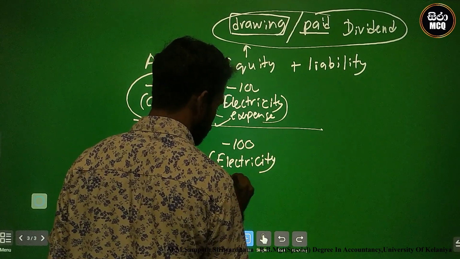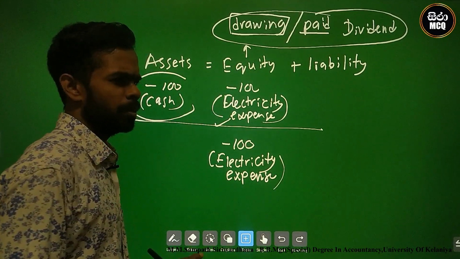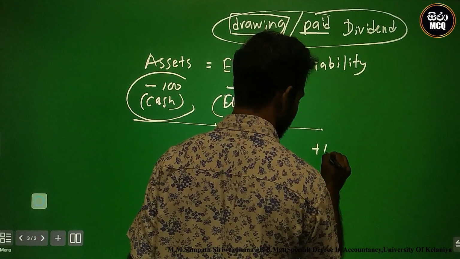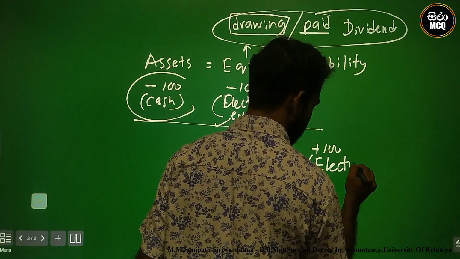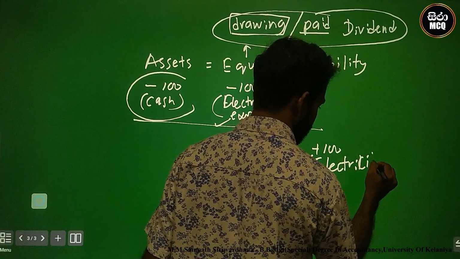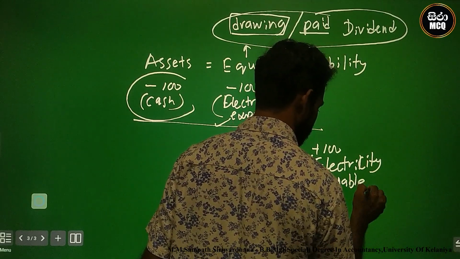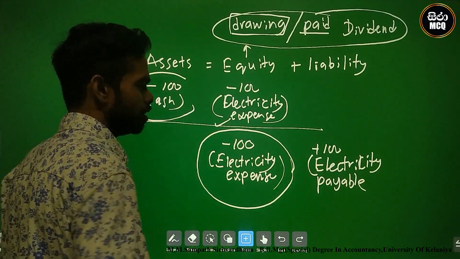Electricity expense, no? Expense. Payable, not paid. Therefore liability must be increased. 100 electricity payable. Electricity payable. The electricity expense was identified.